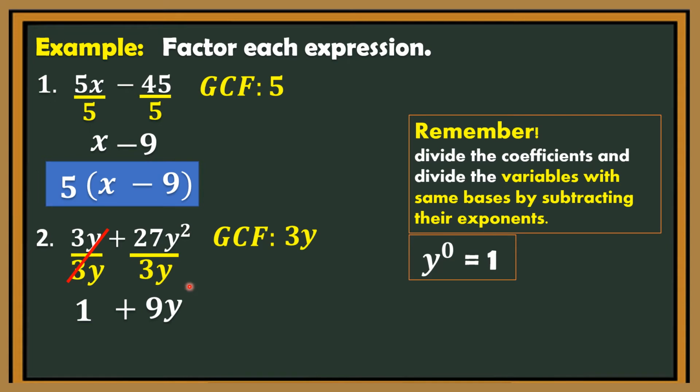Always remember, the exponent of y here is 1. This is your second factor. Let us put them together. First factor is 3y. Second, the quantity of 1 plus 9y. Therefore, this is now the factors of 3y plus 27y squared.